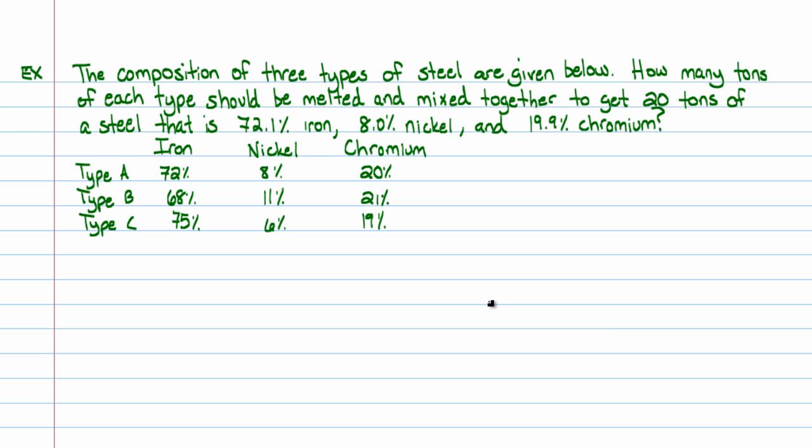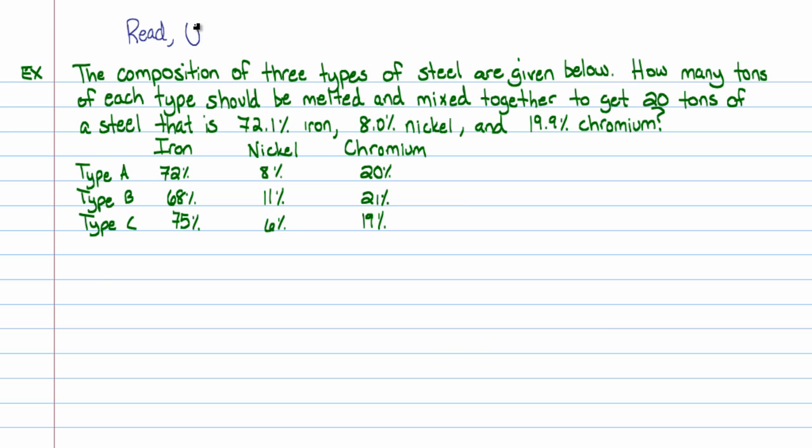So let me get this straight, because this is a very important thing to recognize in this problem. What are they asking us to find? I've read this problem, I think I understand it. We have three different types of steel, and we want to melt them together to get a new kind of steel that has a certain percentage of iron, nickel, and chromium.